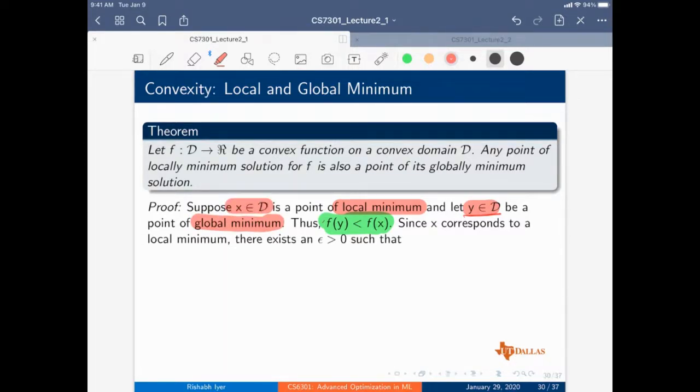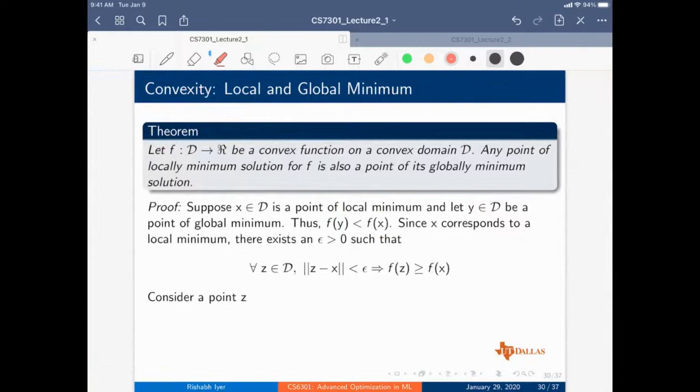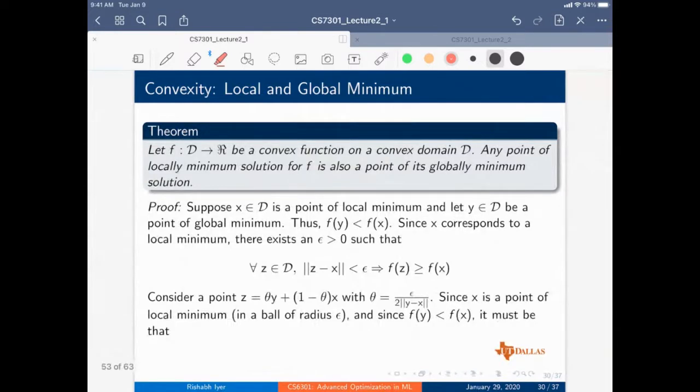Now the way the proof works is that since x corresponds to a local minima, you can take a neighborhood around x, so you can set an epsilon around x such that for any z close to x, f of z is greater than or equal to f of x. Now you define a very specific z, where theta is defined smartly as epsilon divided by 2 times the norm of y minus x.